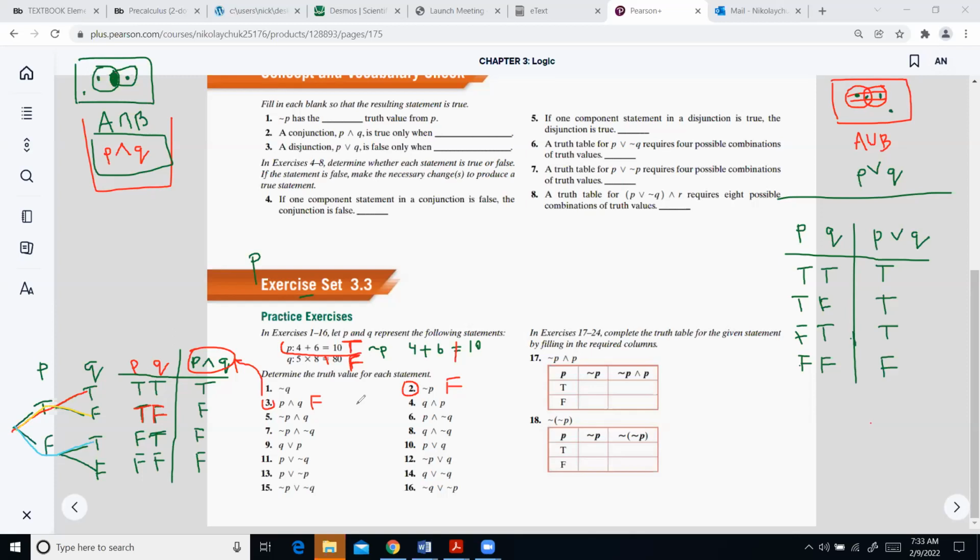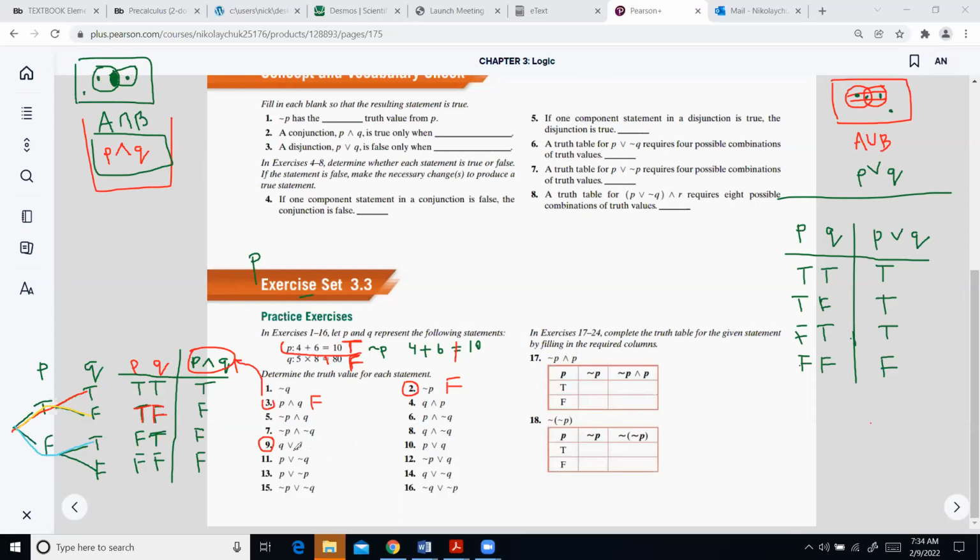How about if I try one more here? How about number 9? I just started this section, so I think we need to spend more time on it next time. No worries, we'll just start this section.